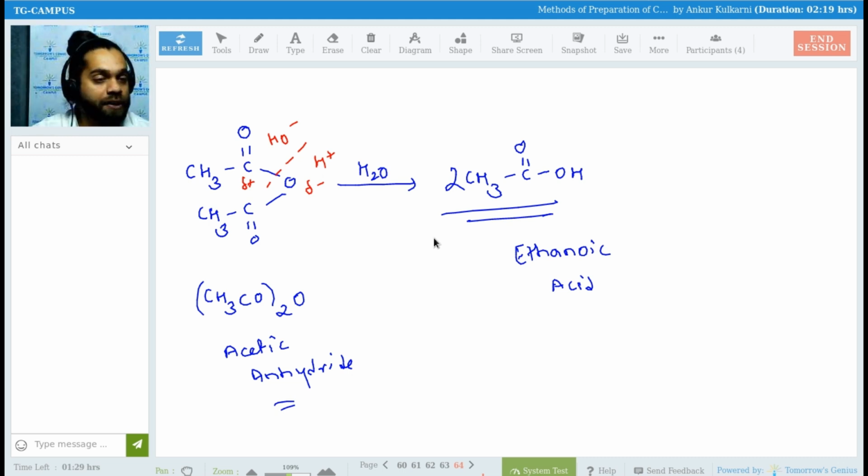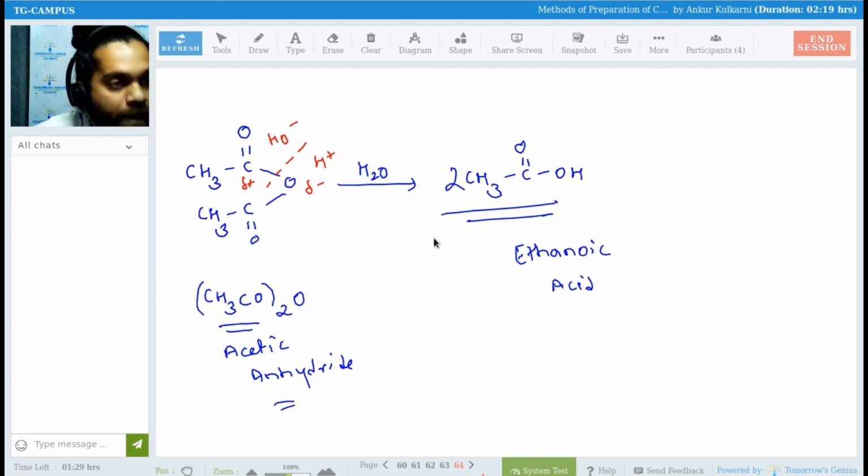Sir, in every case, for acyl chloride also, if you take one acyl chloride you get one carboxylic acid, but in acetic anhydride, if you take one anhydride, we get two acids. Yes, because the CH3CO part is repeated twice, no?